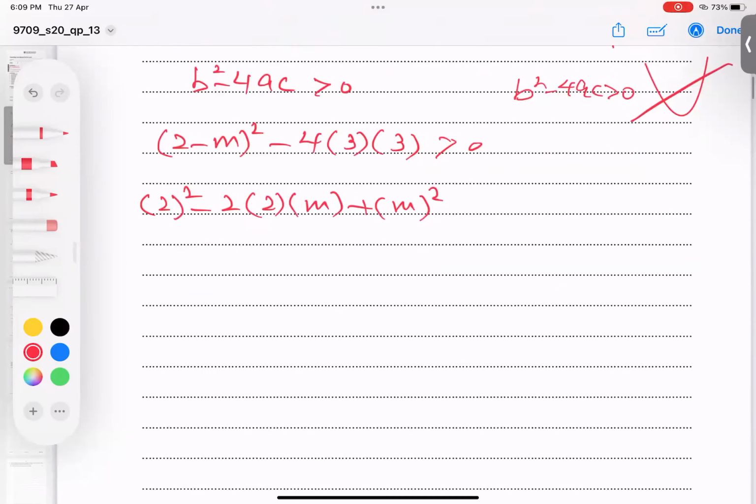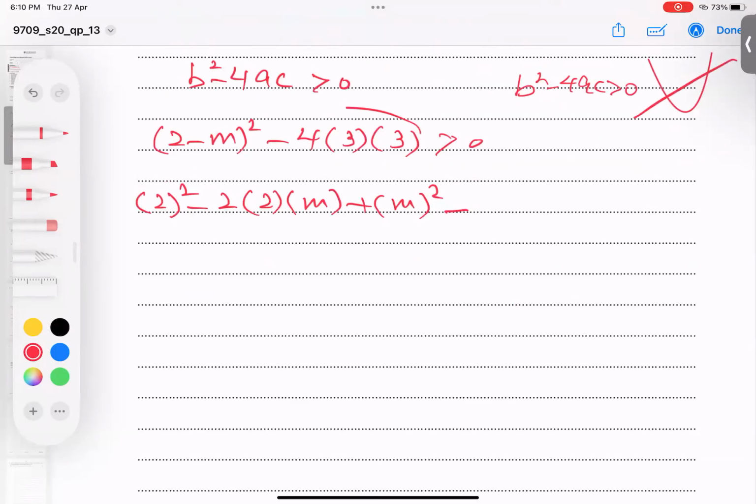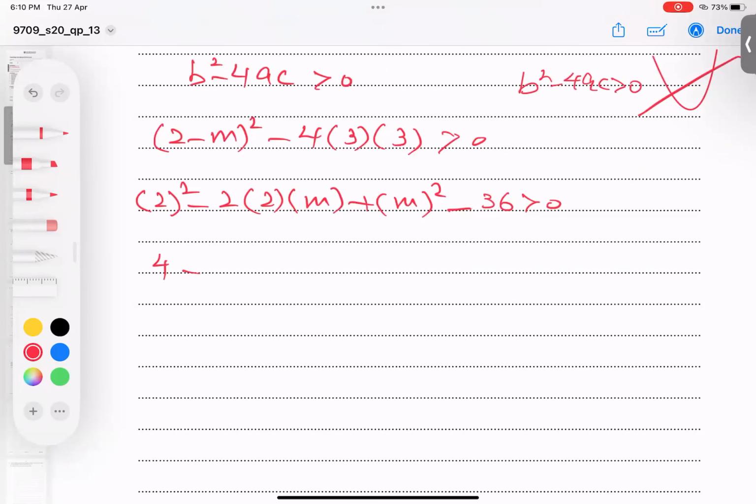Afterwards negative, so 4 times 3 is 12, 12 times 3 is 36. I get 4, and negative 4m, plus m to power 2, and negative 36. Now reorder: m squared negative 4m and 36, 4 gone, negative 32.